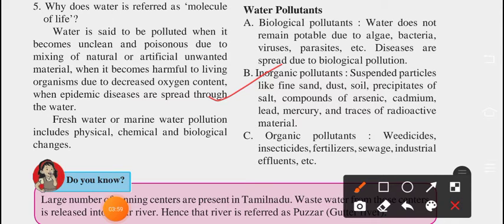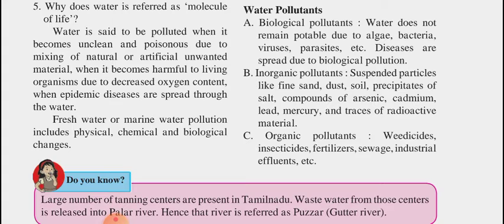Next is inorganic pollutants: suspended particles like fine sand, dust, soil, precipitates of salt, compounds of arsenic, cadmium, lead, mercury, and traces of radioactive material like from a bomb explosion. Through a bomb explosion, a lot of radioactive materials come into the water.